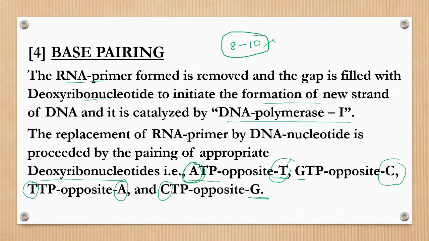Like this, the appropriate pairing is formed. So the replacement of that RNA primer with the DNA nucleotides: RNA primer is formed by ribonucleotides, and those ribonucleotides are replaced by deoxyribonucleotides. That is initiated and catalyzed by DNA polymerase 1.